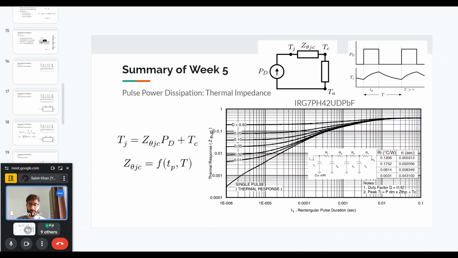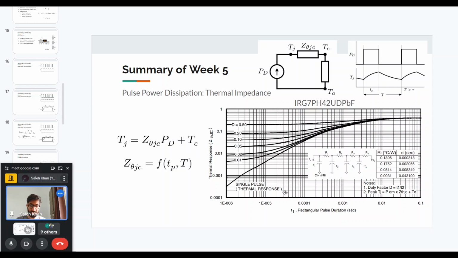And in that case, they have given a curve for the thermal response, which is Z theta from junction to case. And if we know this Z theta, we can find the junction temperature using the power loss. The power loss is the amplitude of this pulse, times whatever value we have for a given pulse duration, plus the case temperature.